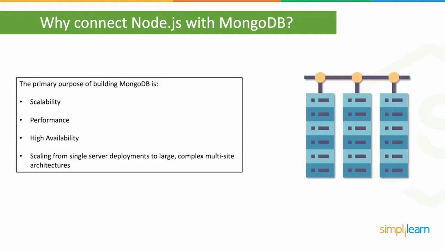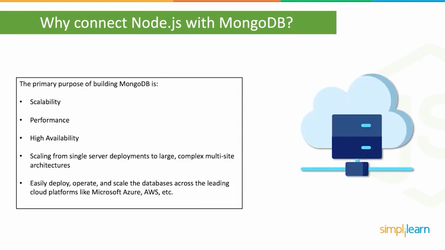You also have the ability to scale to very large, complex, multi-site solutions. In fact, one of the very first MongoDB applications I built was a multi-tenant environment, and it just worked really well. And you'll be able to easily deploy your solutions across Microsoft Azure, AWS, Google Cloud, etc.